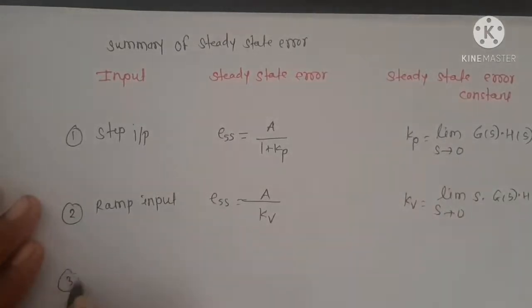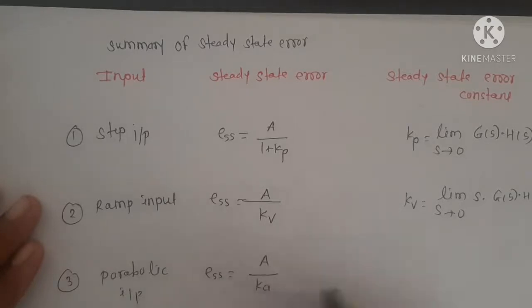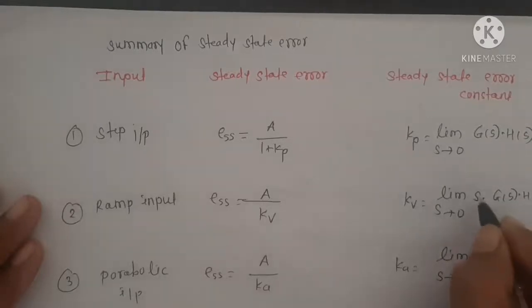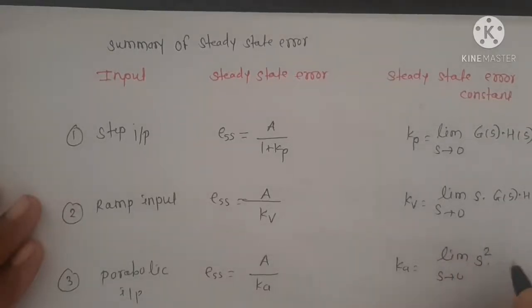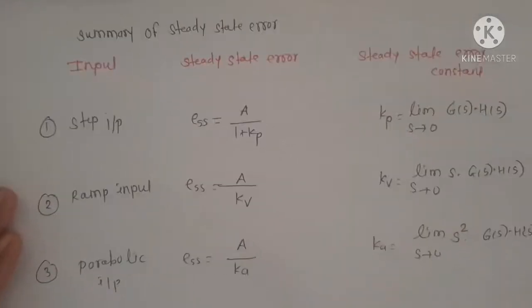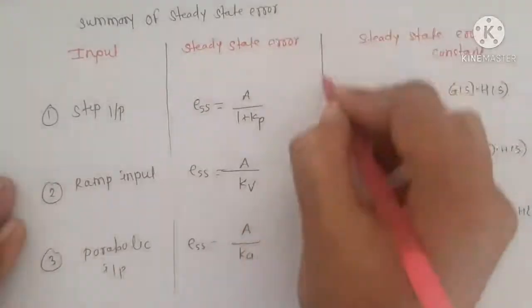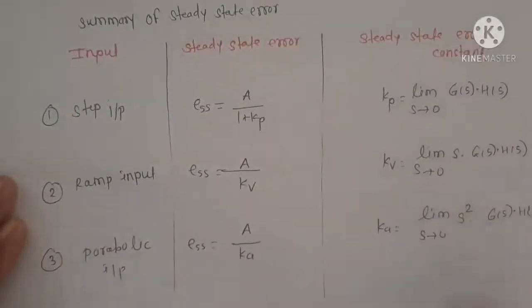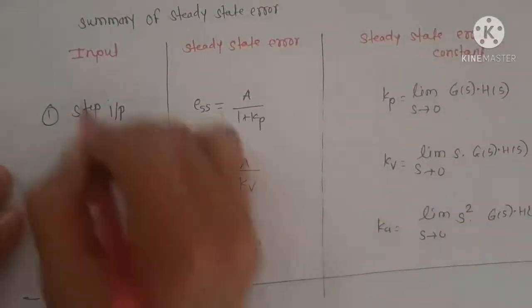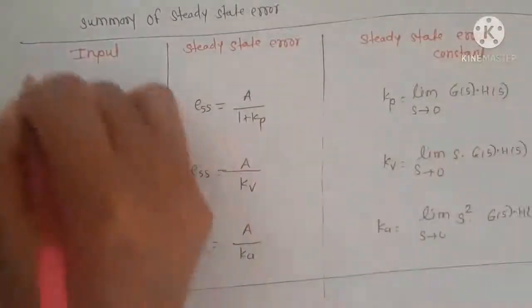And next is parabolic input. For that, E of s is equal to A upon Ka, and this Ka is limit s tends to 0, instead of s here comes s square, g of s into h of s. So you can simply remember this table, then you will get full marks on that topic. It is a very important table.